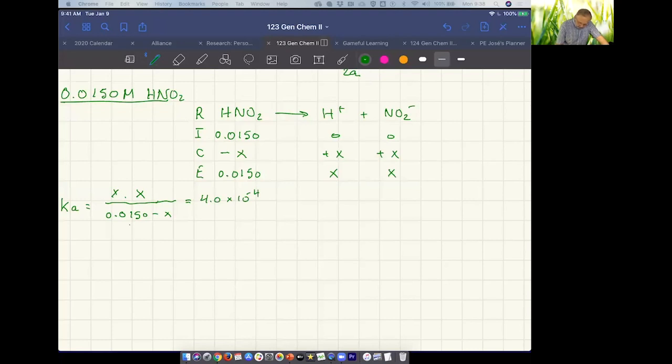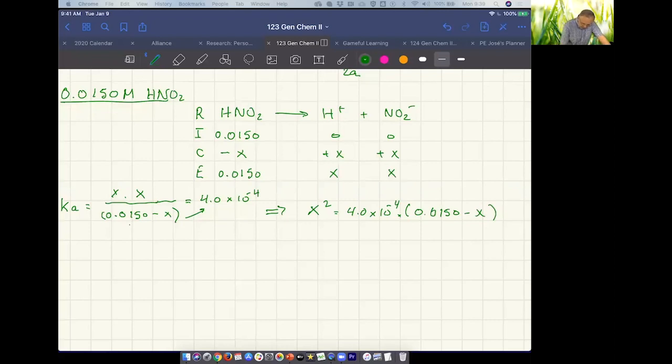So let's go into here and operate it. So we have x squared. I'm going to send this guy here, multiplying there. So it's going to be 4.0 times 10 to the minus 4 times 0.0150 minus x. And now I have the equation, I need to operate this number.